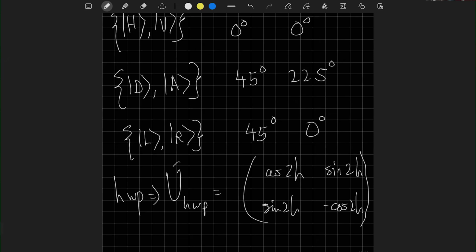Yes, please. This is only for polarization qubits. For polarization qubits, we are using half-wave plates and quarter-wave plates, but what about other types of encoding? Like photon number encoding, let's say you are encoding photons by using different paths instead of polarization. What could be the optical elements?